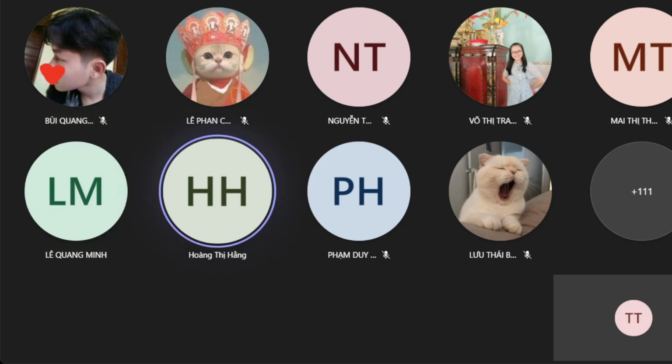Very good job. Quang Minh, excellent. We have two types of valves in the heart. Inside the heart, we have AV valves or atrioventricular valves. The function of AV valves is to prevent blood flowing backwards to the atria. And the second type of valves is semilunar valves.